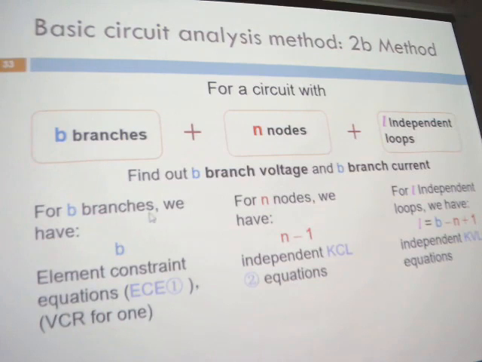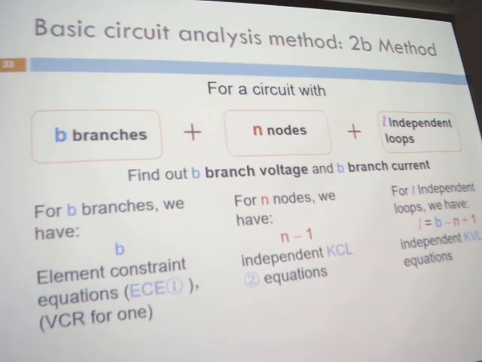For B branches, we can have B element constraint equations. For resistance, we have the VCR equation, V equal to IR. For inductor, what do we have? V equal L di over dt.